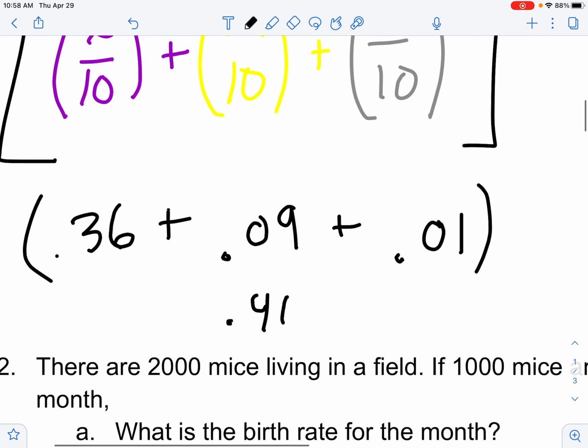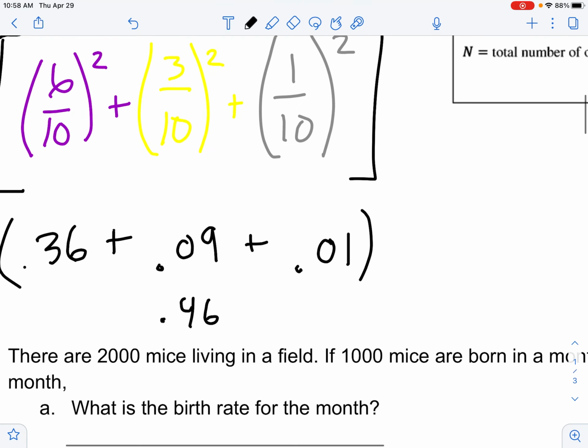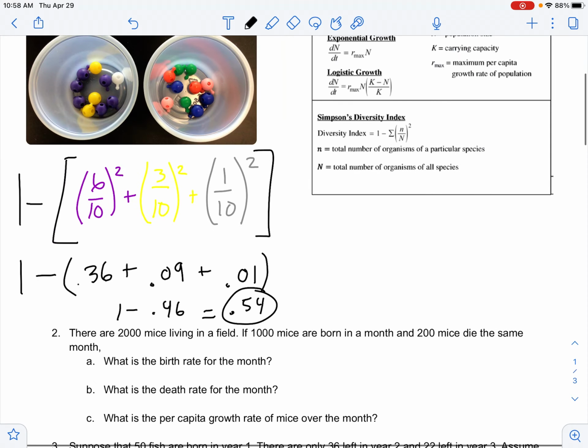That's 0.46. Is that the answer? No, because it's 1 minus 0.46. So the answer is 0.54. Okay, so what does that mean?